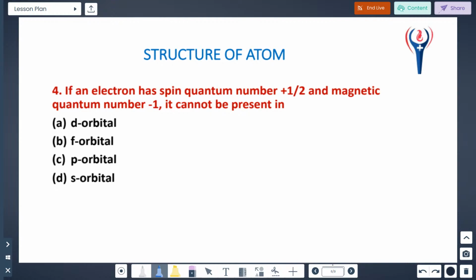But the magnetic quantum number given is minus 1. ml equal to 0 means it can be, but m equal to minus 1, no. The p orbitals have m values, the d orbitals also, the f also, but here m is equal to 0. So the answer D is the correct option. For the s orbital, m will be 0. Understood? Right.